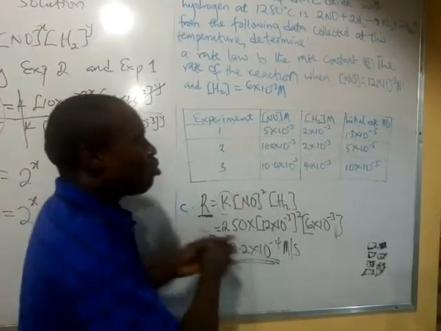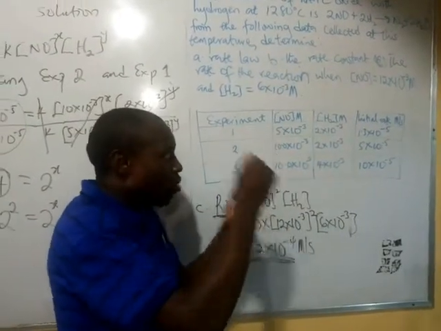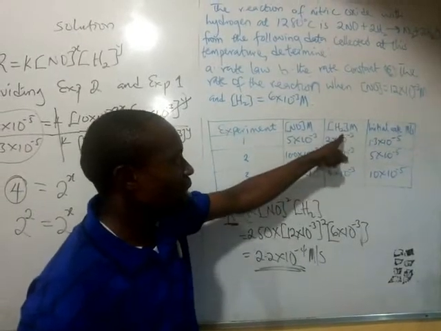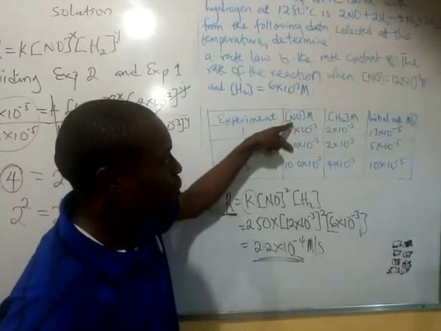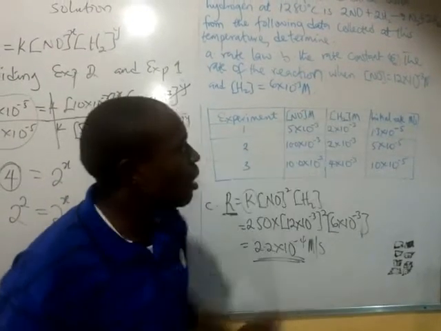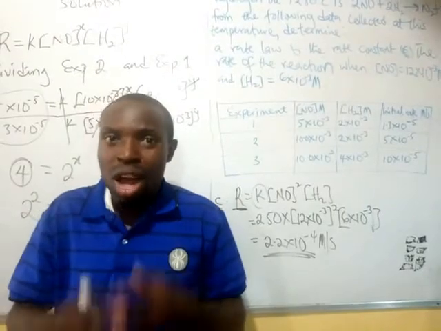If you can get any experiment where the two are constant, you can get the other one. In this case, now look at it. Yeah, they are the same. It means you have to get the value of H2. So we'll solve another question again to buttress more our point.